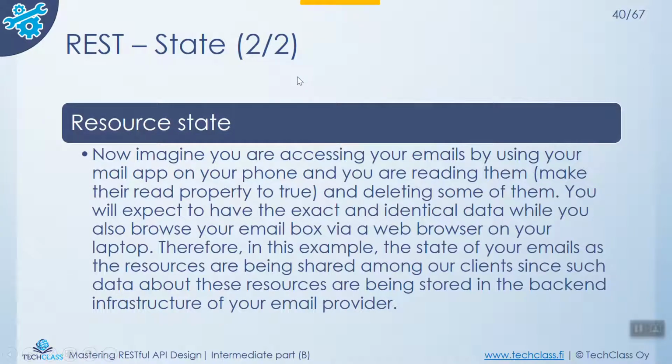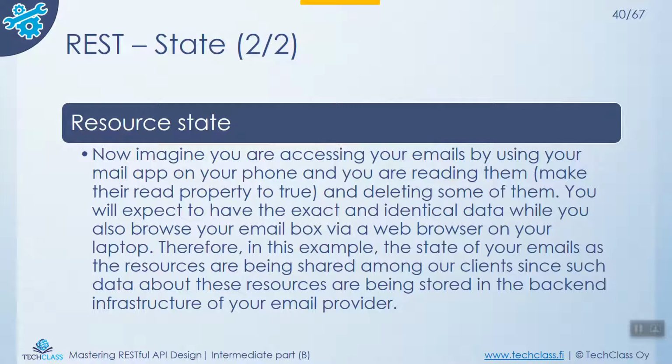And then we also have resource state. When we are dealing with information inside of the API, in a backend database or somewhere, these resources also have a state. You can access them, read them, write them, modify them or delete them. Just as here I wrote this example of an email box for you.